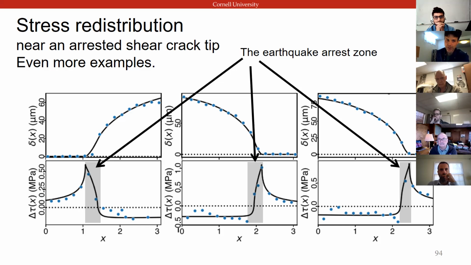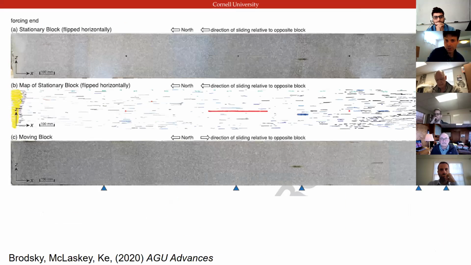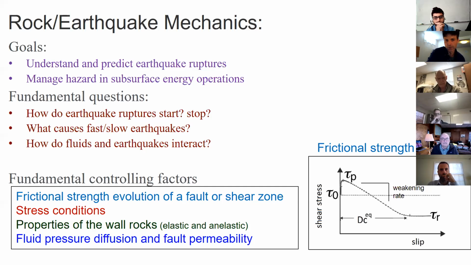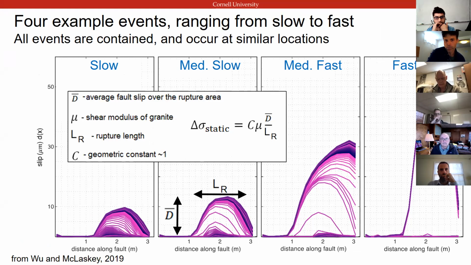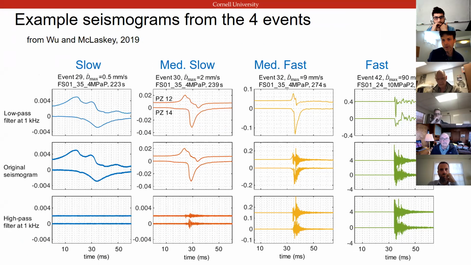So that's hard to do because we're so close to the sample basically, or to the rupture, that we're not far enough away for the P wave to separate from the S wave and a million other reflections off the edges of this sample.